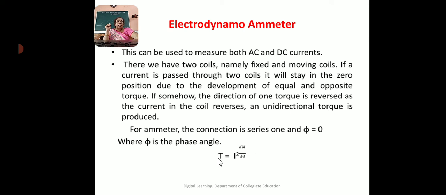Here I is the current flowing in the circuit, measured in amperes, M is the mutual inductance of the coil, measured in Henry, and theta is the deflection in radians. They have no hysteresis error, and they are used for both AC and DC measurements.